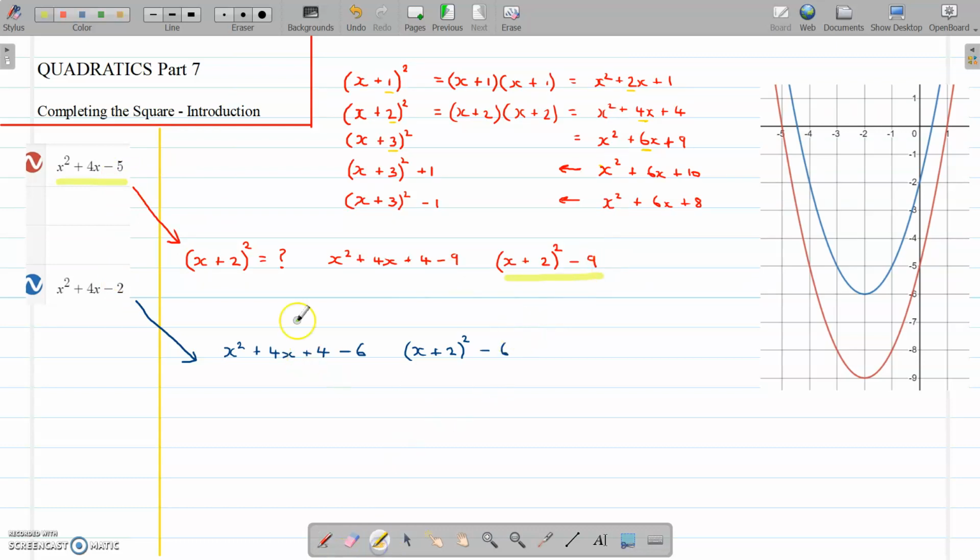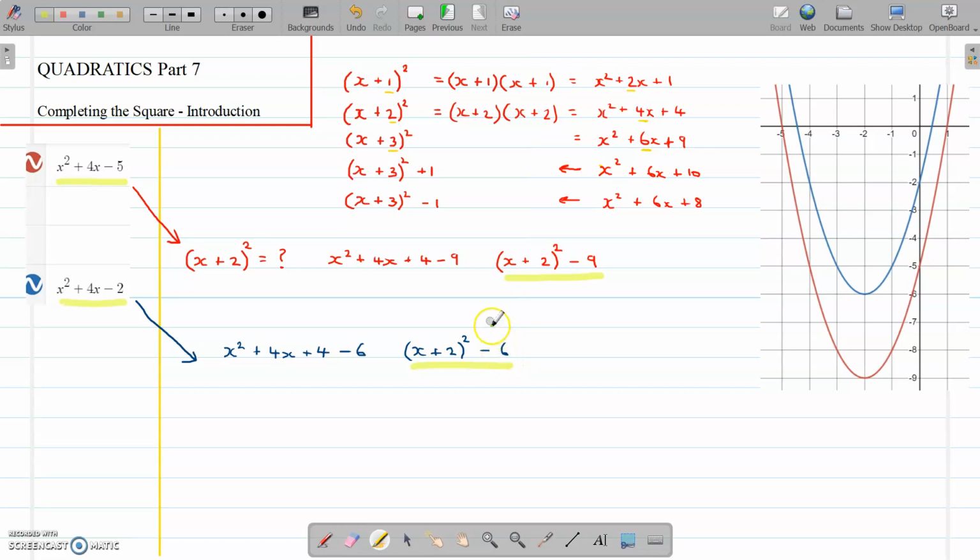Okay, so the completed square version of this is this. Now, it's quite easy to go on to solving quadratic equations using completing the square, and we will do that in another video. But what I want to show you at this point is the geometric significance of this when we look at the graph.